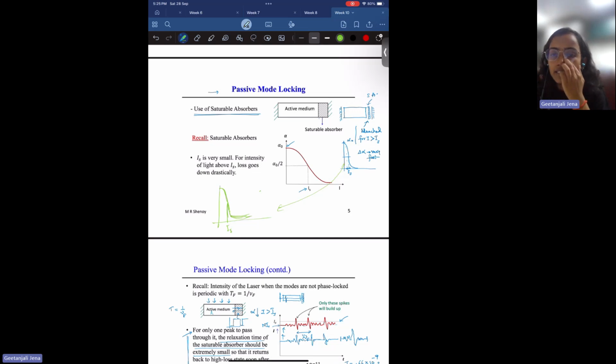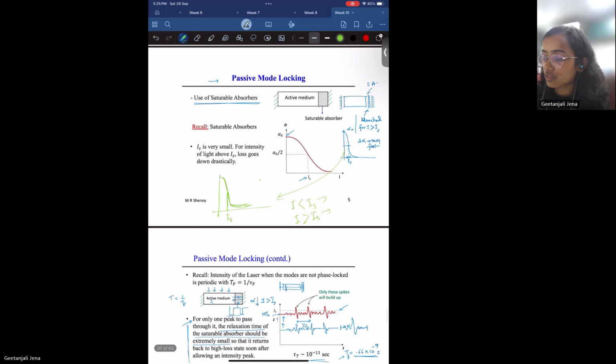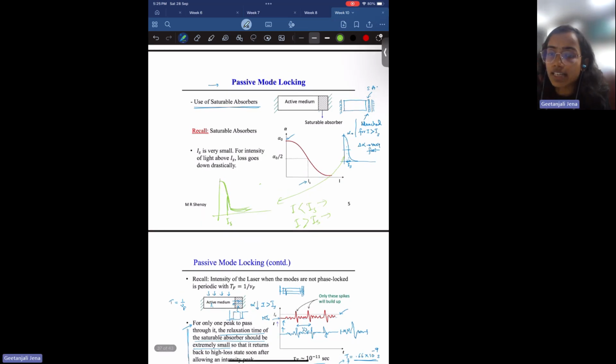So that means when the intensity is less than I_S, the loss of the saturable absorber is high. That means it behaves like a shutter which is closed. But when the intensity is greater than I_S, the loss coefficient of this saturable absorber is low. That means it behaves like a shutter which is open. So it will pass the light when the intensity is greater than I_S, but it will block the light when the intensity is less than I_S.